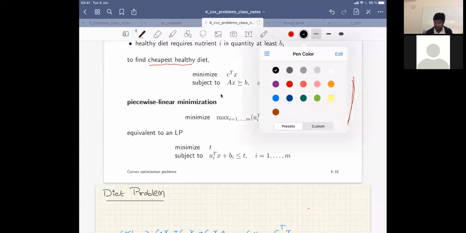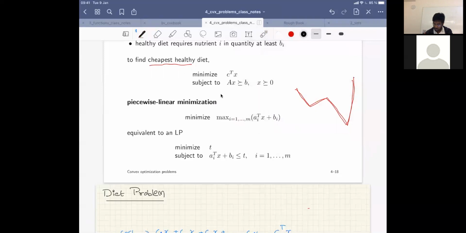How do you define a quasi-convex function? You have to take, for example, this is the domain. You have to take the alpha sublevel set, and that has to be convex. So if you consider my alpha to be here, the sublevel set will be this part and this part, right? This is not a convex set.